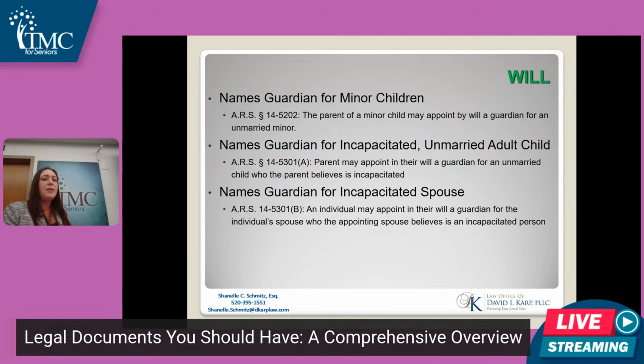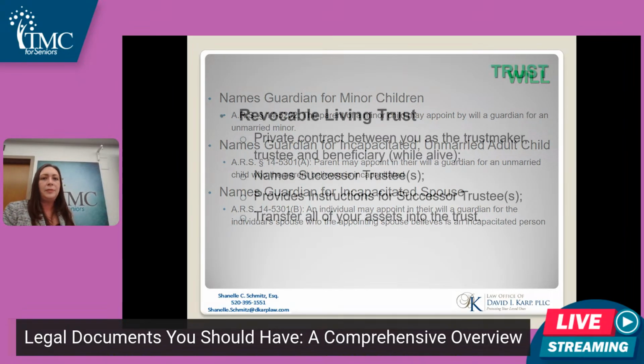And another thing that's really important that most people don't know about is you can name a guardian for an incapacitated spouse. So let's say your spouse has Alzheimer's or dementia, they're incapacitated. Within your own will, you can specify who you want to serve as guardian over them if something happens to you. So very important if you're in that situation.